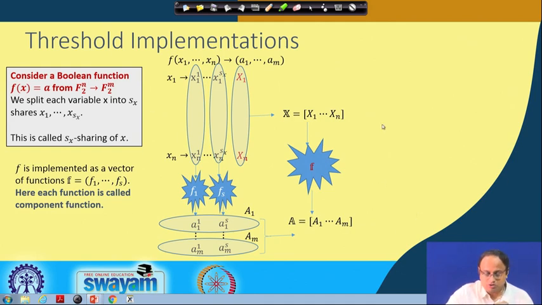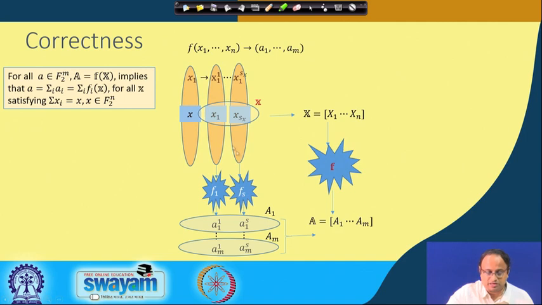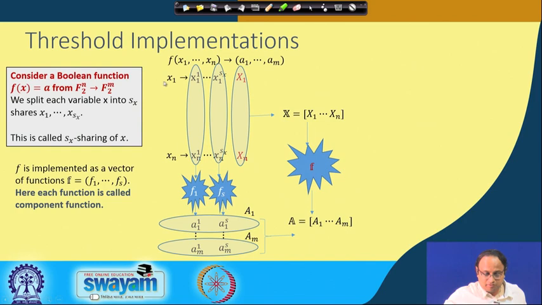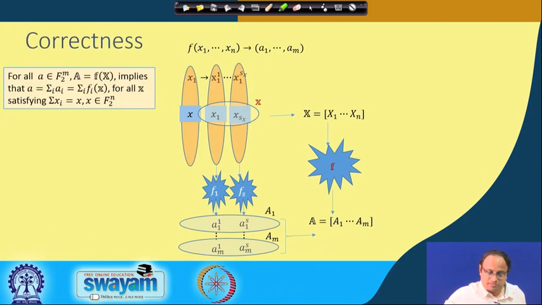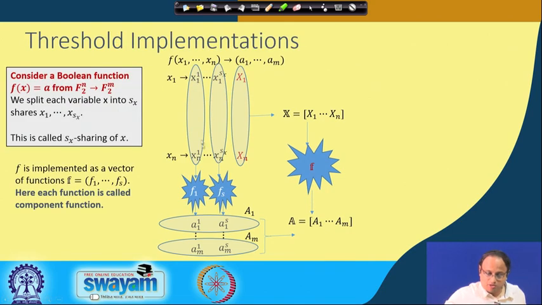You can also simplify this notation slightly by taking that I will represent this as x1. So this is my input, as we have seen here: I had my inputs x1 to xn. I can represent this entire input by the variable x, and each of these shares, like x11 to xn1, is my first component.